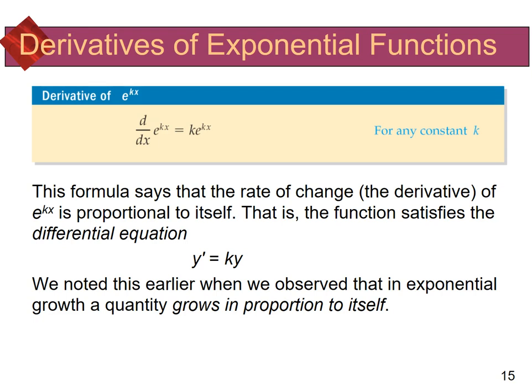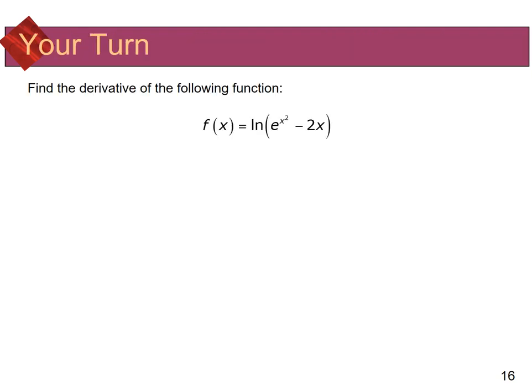So with these ideas in mind, show me how you would take the derivative of this function. Okay, so for this function here, when I do f prime of x, I have the natural log first, which basically means that when I do the derivative of the natural log of this whole quantity, I'm just going to do 1 over that whole quantity.